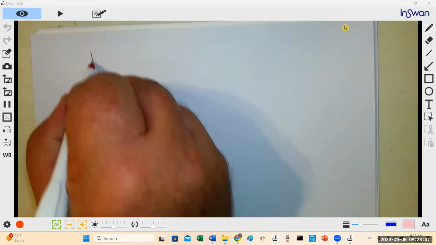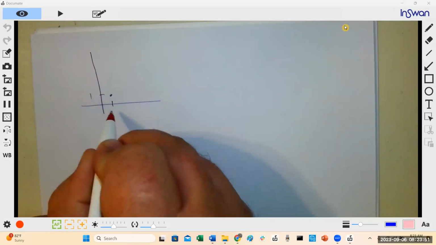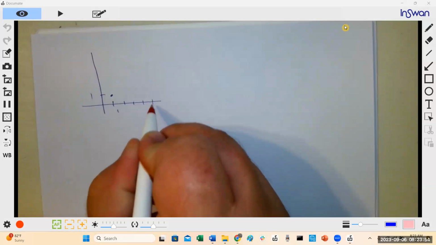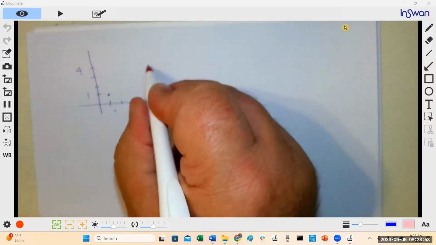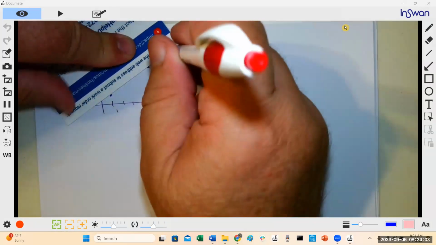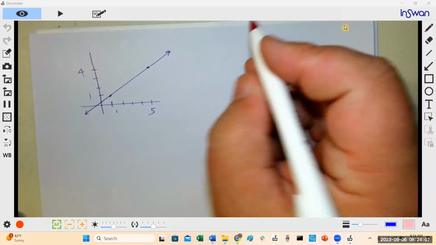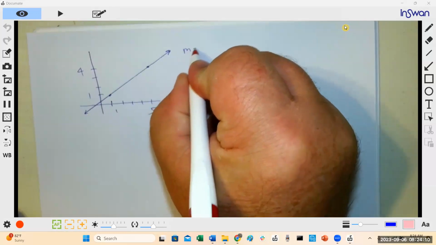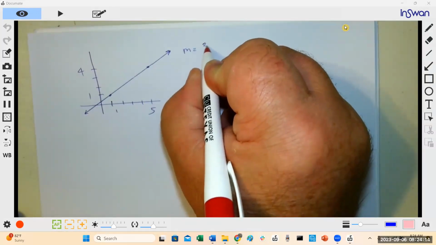Another thing we could find. Go back to our picture. We have a dot at 1, 1. And we have another dot at 5, 4. So far, we know the slope of this line is 3/4.